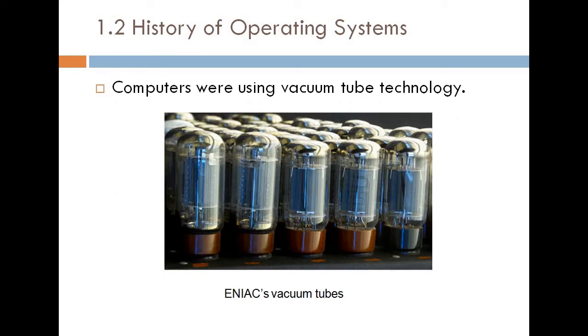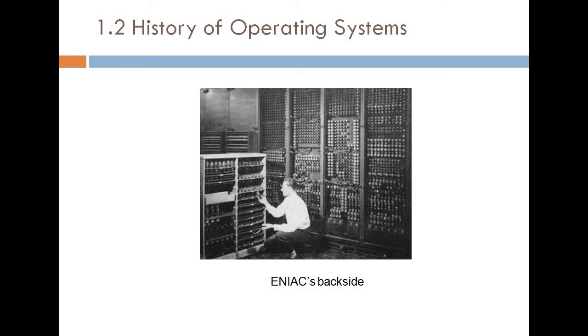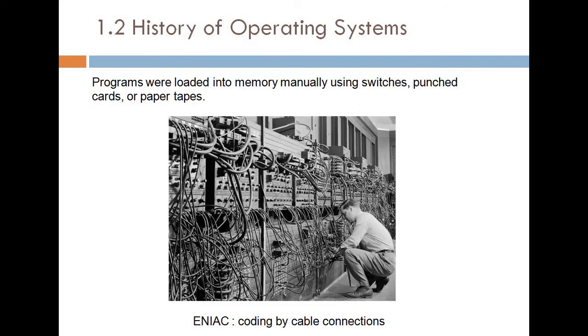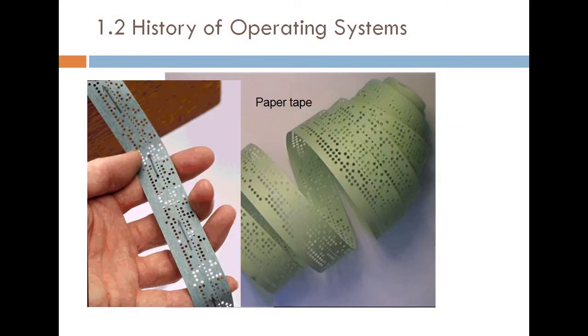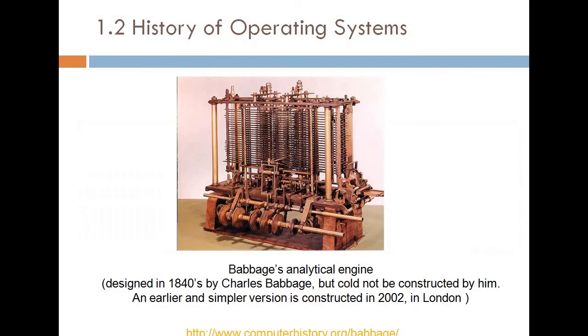Next, in the second generation, computers were using vacuum tube technology. Then programs were loaded into memory usually using switches, punch cards and paper tapes. Babbage's Analytical Engine was designed in 1840 by Charles Babbage but could not be constructed by him.